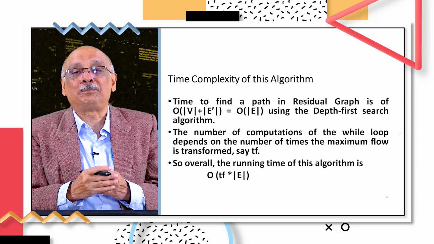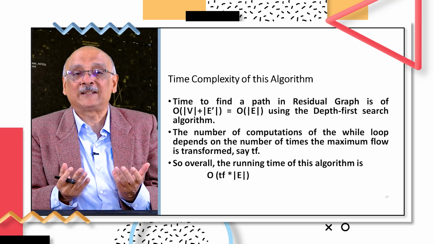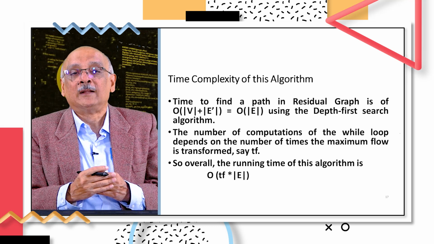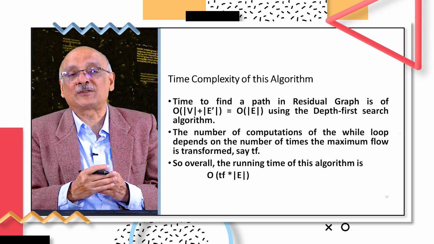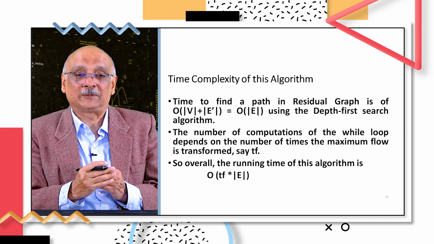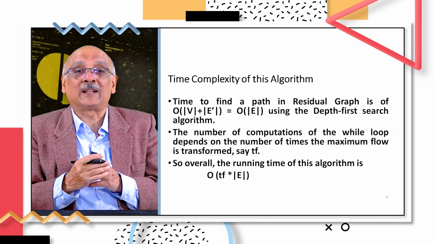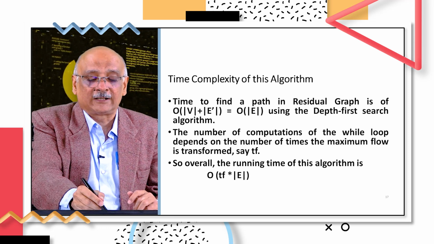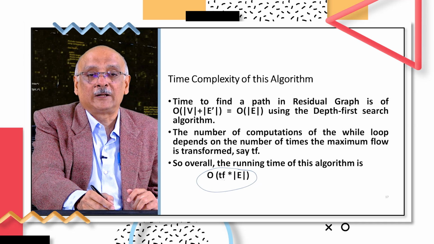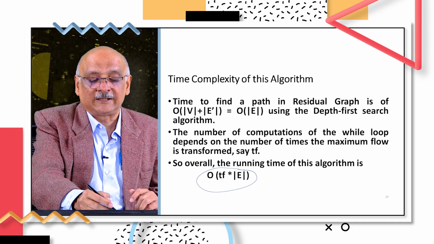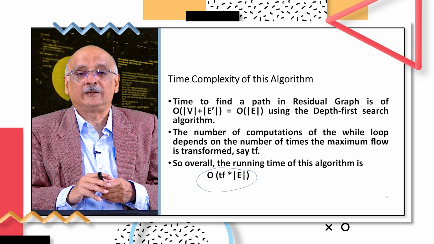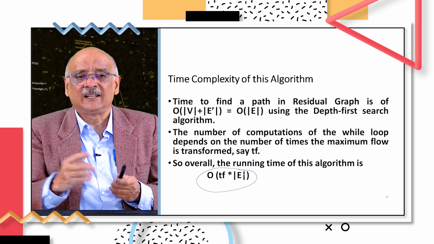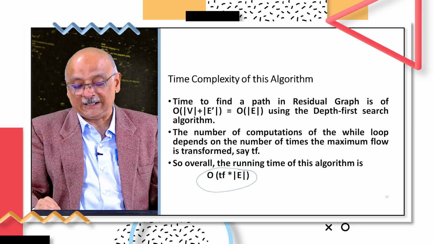Well, to find a path in residual graph is of order V plus E', which is order E, and if we use depth first algorithm, the number of computations for the while loop depends on the number of times the maximum flow is transformed, because the number of loops is very important. So the running time of this algorithm is the number of times the flow network is transformed, that is TF, into the number of edges, and if the number of flows to be transformed is small, then it is order E only. Okay.